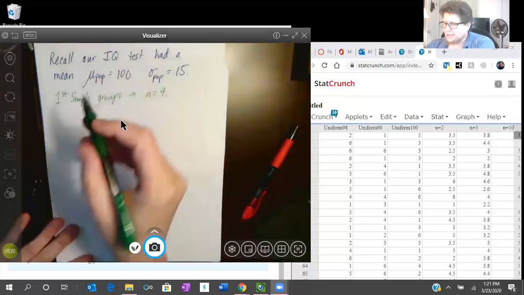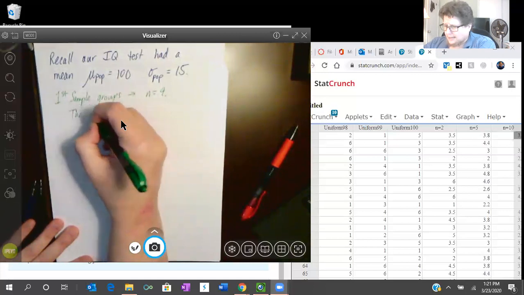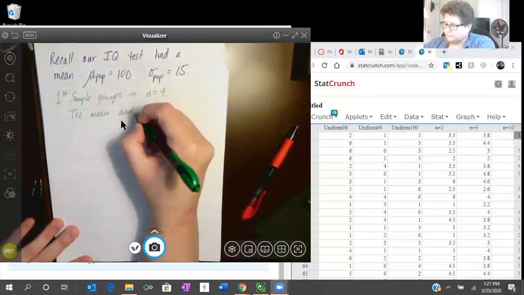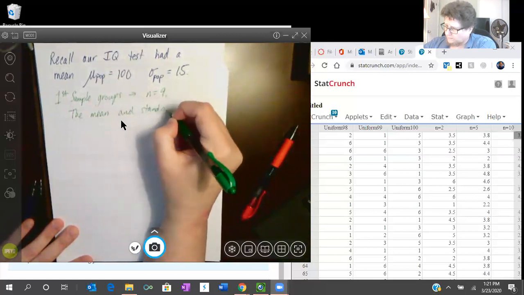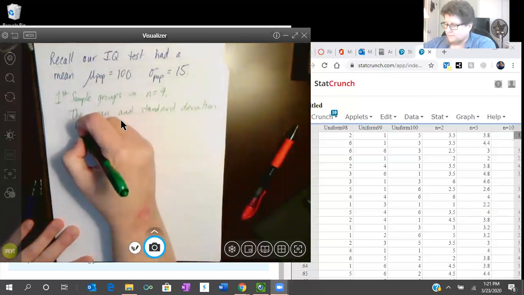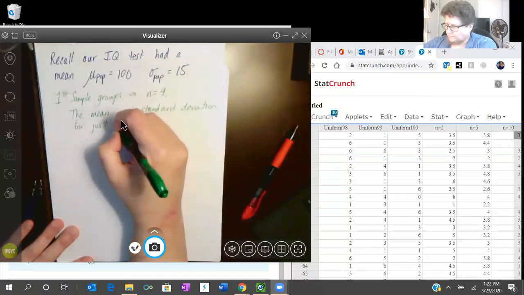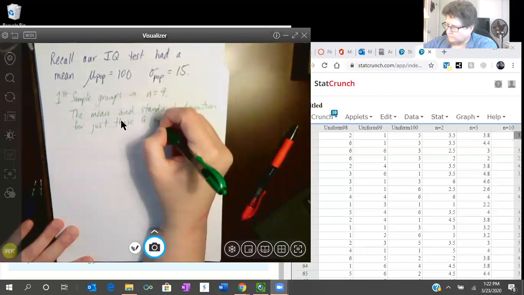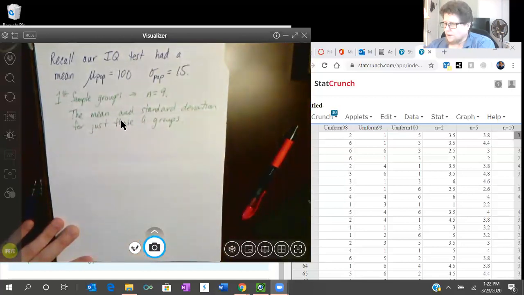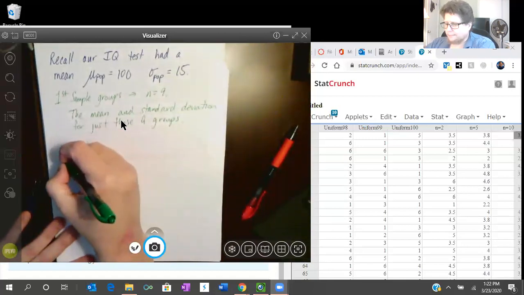So if we look at the mean and standard deviation for just those groups, well, the mean remains the same.